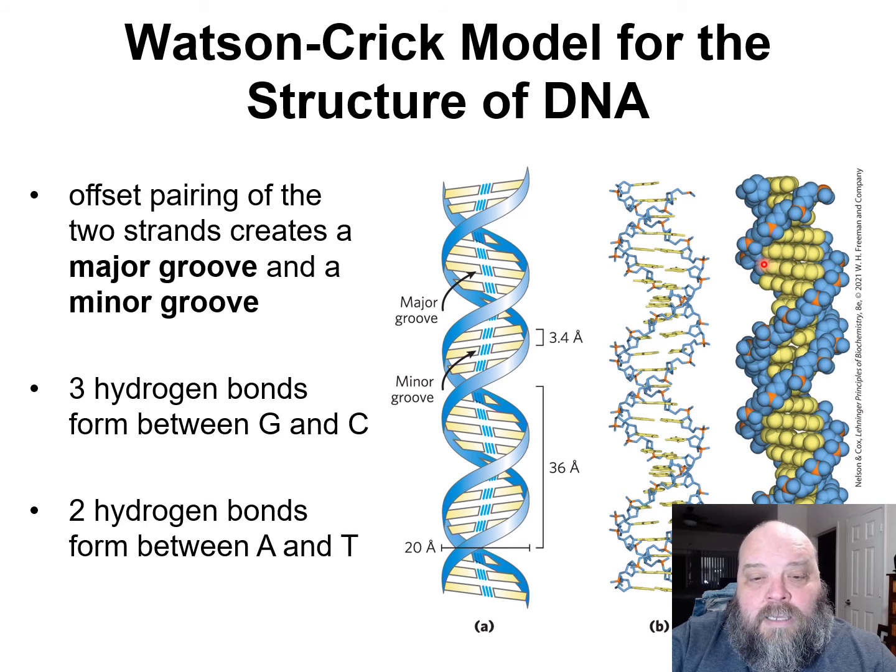A to T, G to C. 3.4 angstroms between, and to go from here to here, one complete 360 turn, 36 angstroms. From this side to that side, the complete diameter, 20 angstroms.